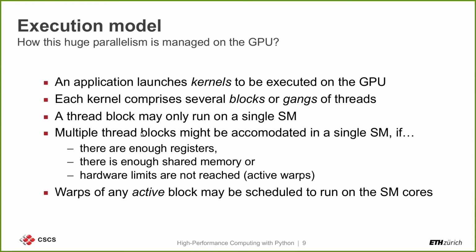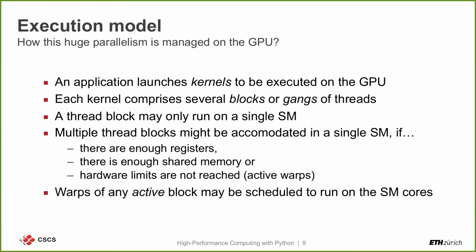Multiple of them can be accommodated by a single streaming multiprocessor, taking into account that there are enough registers, enough shared memory, and we don't reach the active warp hardware limits on the SM. And warps of any active block may be scheduled to run on the SM cores.